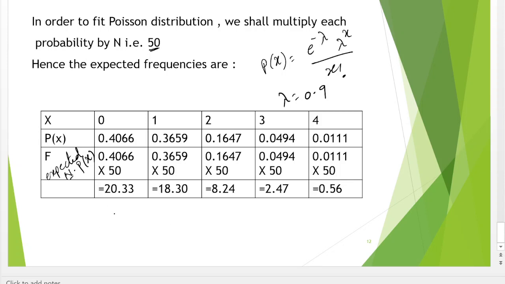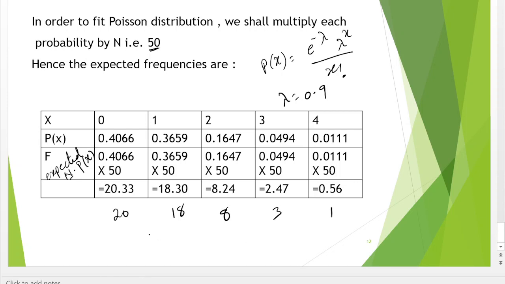So here we can consider it as 20, 18, approximately 8, approximately 5, and this is 2.5, that is 3, and this is 1.